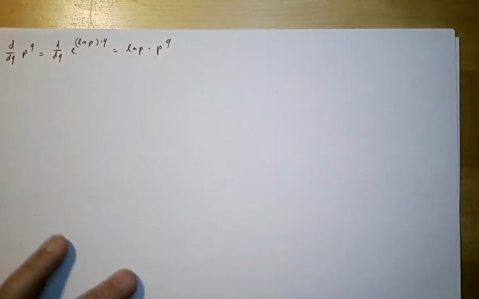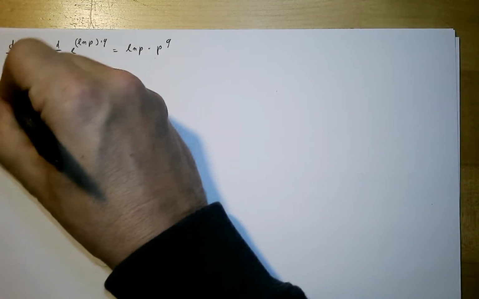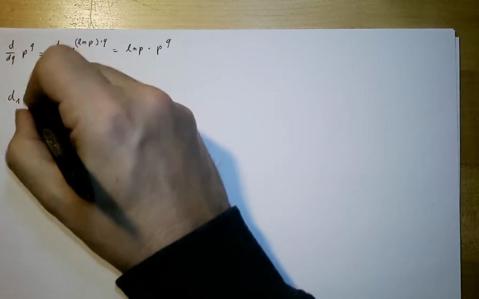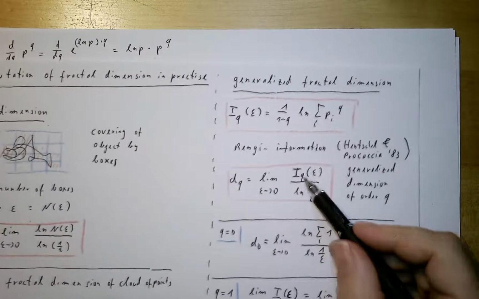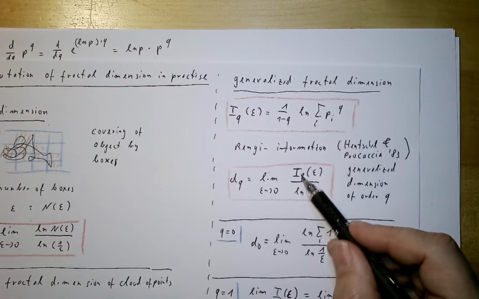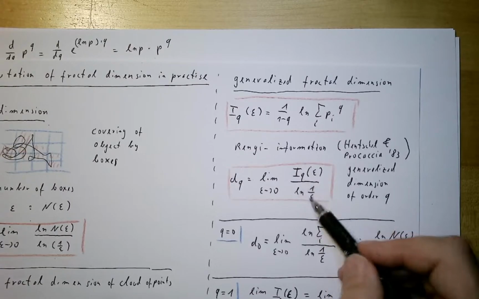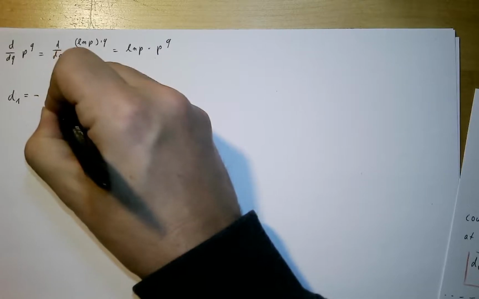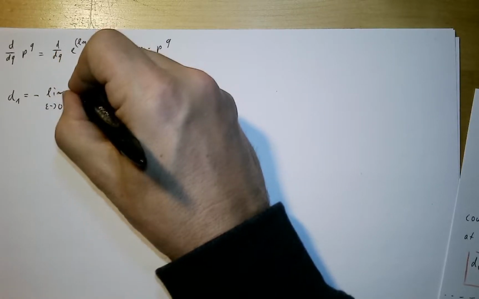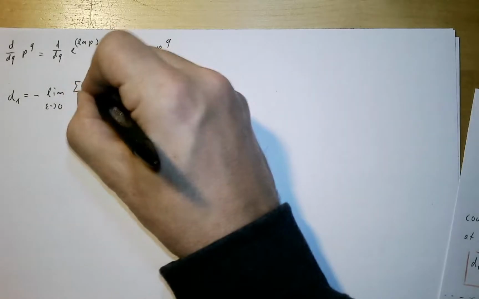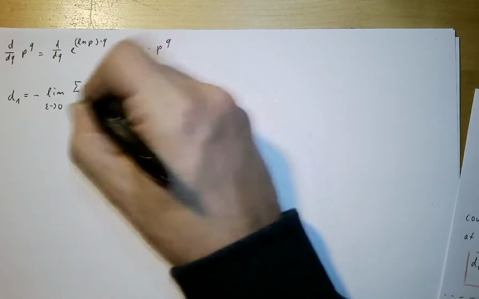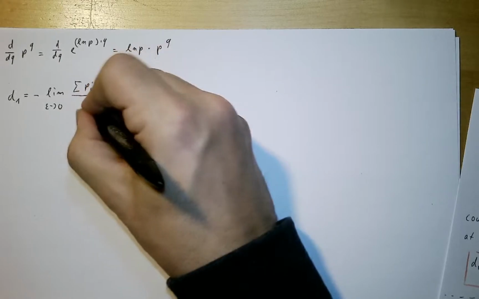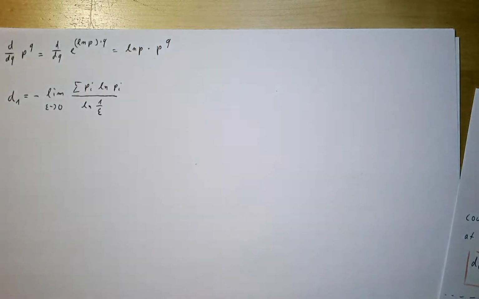And now we can see that we have the fractal dimension. That's now the limes of I1 divided by ln of 1 over epsilon. So this is minus the limes epsilon goes to 0 of the entropy, the sum of pi ln pi, divided by ln 1 over epsilon.